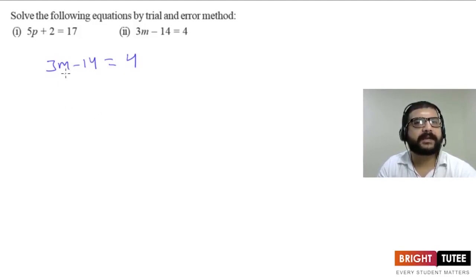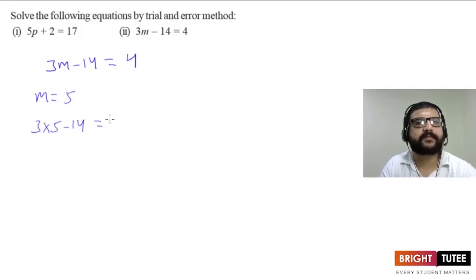Now let's try to take a bigger value of m. Let's try m is equal to 5. If we are taking m equal to 5, now let's check what we are getting. So we will get 3 into 5 minus 14. 3 into 5 gives us 15. 15 minus 14 is 1. Now this is a positive value, but this is not equal to 4, which was RHS of the equation. So we can say m equal to 5 is not satisfying the equation.